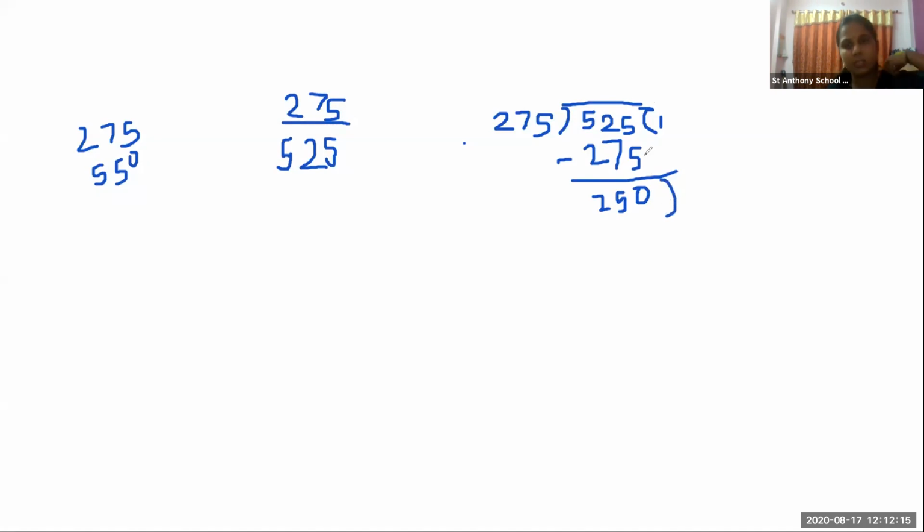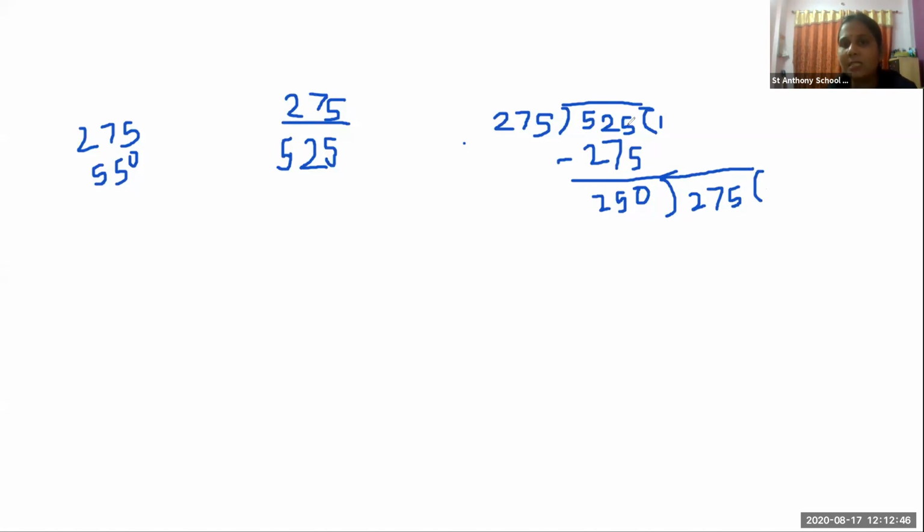After getting this number, what we are going to do is we will take the first number. Which number was first? 275. Now here we will take 275. Pay attention everyone. These sums are very important but easy also. What did we do first? First we divided 525 by 275. 275 twos are 550, but here the number is 525, so 275 ones are 275.